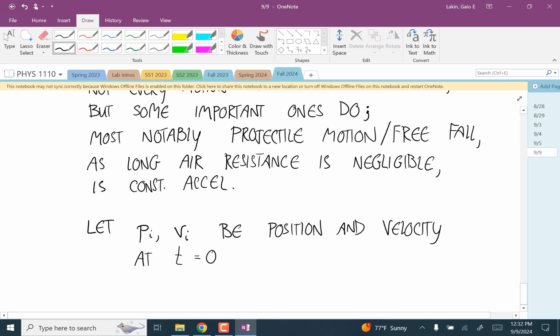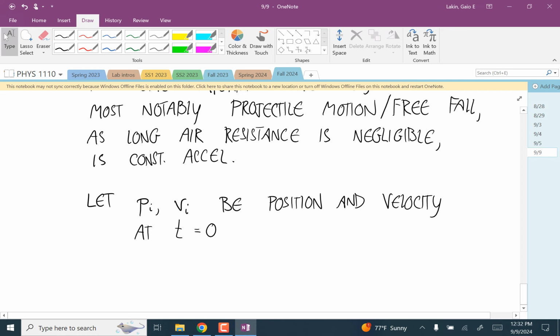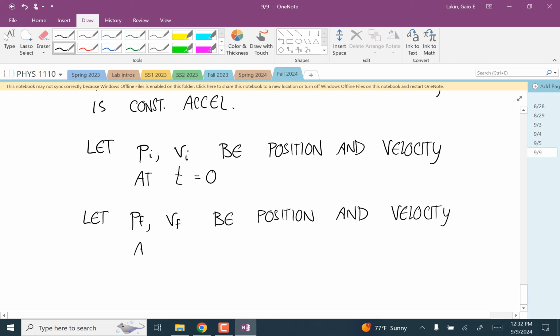So this is the position and the velocity when you click the stopwatch on. And then let P sub F and V sub F, so that's position final and velocity final, be the position and the velocity at time t final.